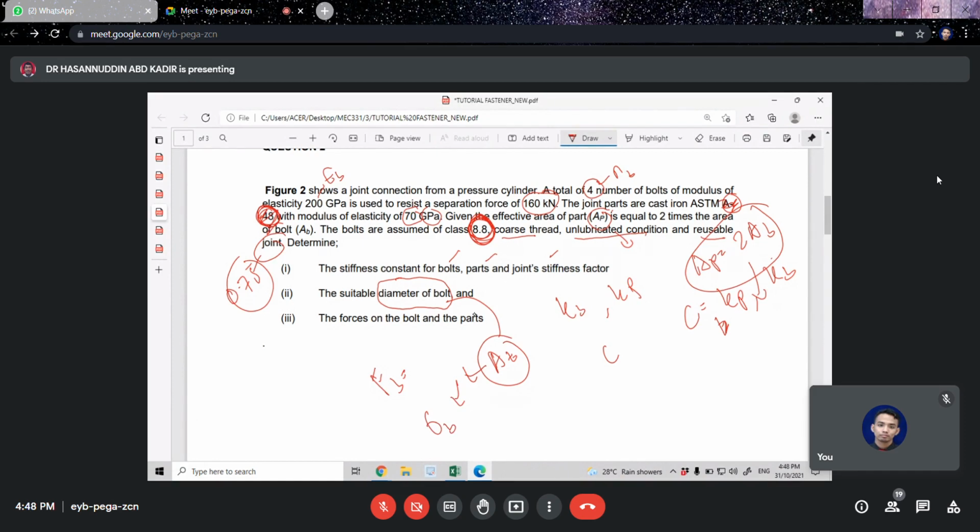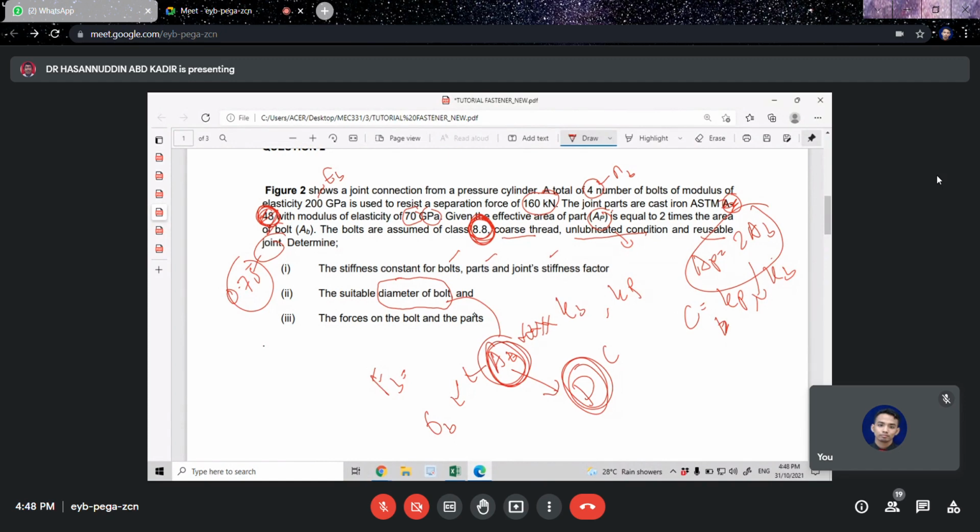So from At, you can refer back to the formula to find your value of D from your table. We are not interested in calculating this value of D. Then you can get the value of At. From there, you refer to the table, then you can get your value of D here.